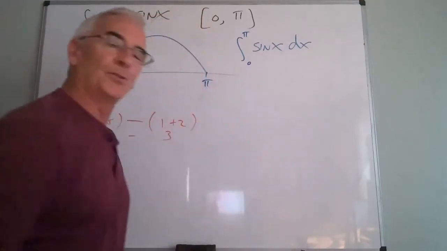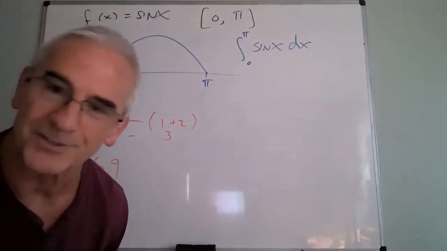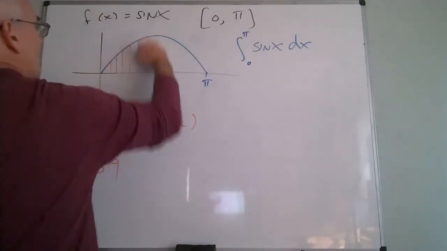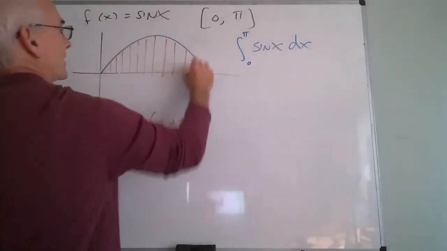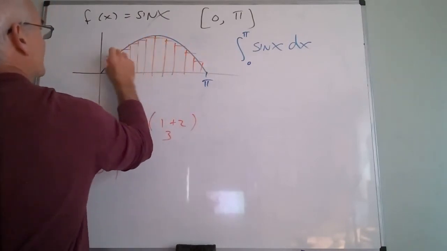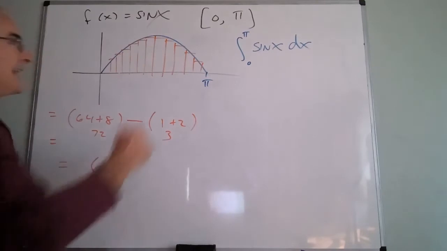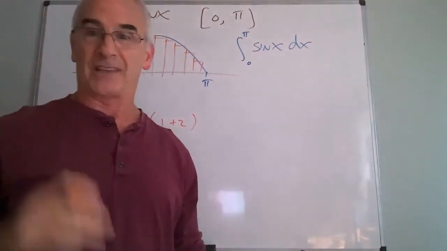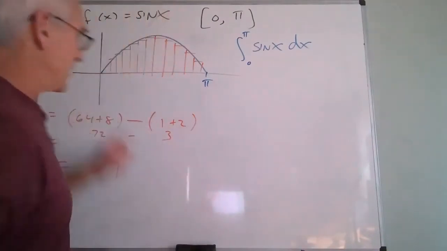Now, if I was to do this using rectangles, this is very interesting. I just want you to see something. Let's suppose that we were going to write the Riemann sum. We said, well, let's break it up into a whole bunch of rectangles. Because it's a sine wave, I think we agree that every one of these heights would be irrational because I have the sine of an angle. And what about my widths?